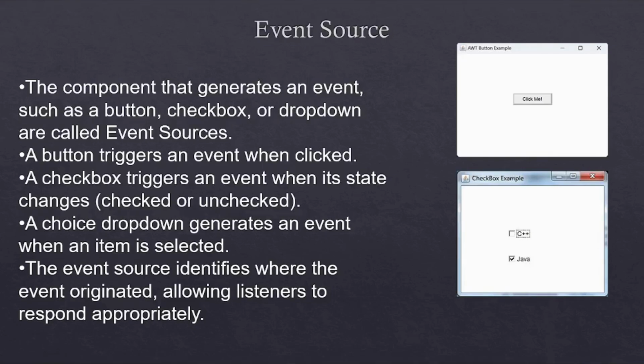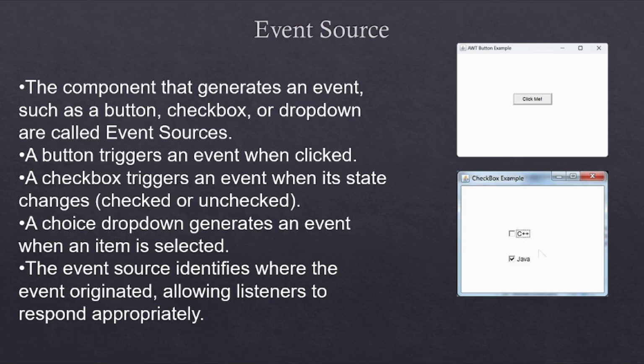So, event sources. The component that generates an event, such as a button, checkbox, or dropdown, is called an event source. So any component that is generating an event is an event source. Now, clicking on a button like this Click Me button, the button becomes the event source and the mouse button click becomes the event. The same with the checkbox. These two components, C++ and Java, are the event sources.